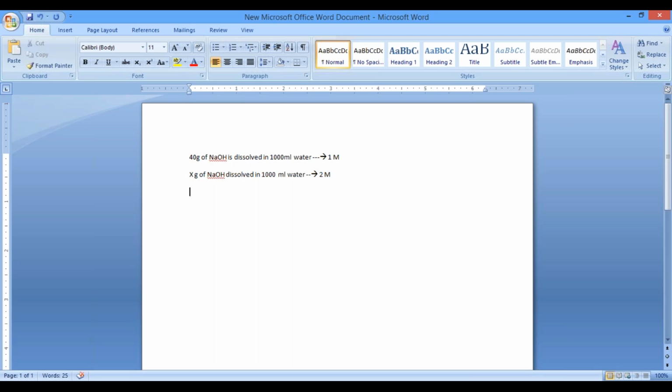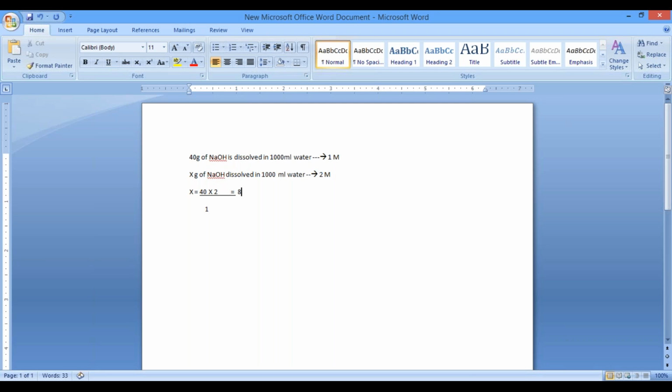X is equal to 40 into 2 divided by 1. So what will be the answer? 80.